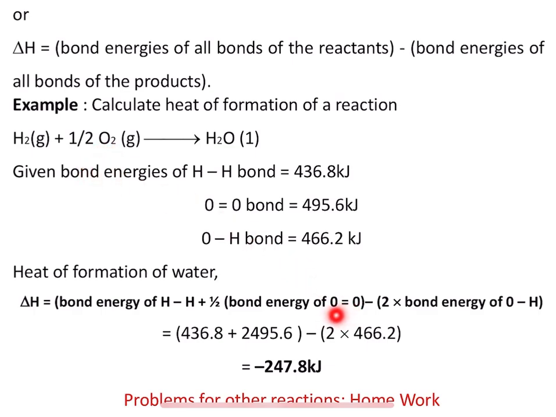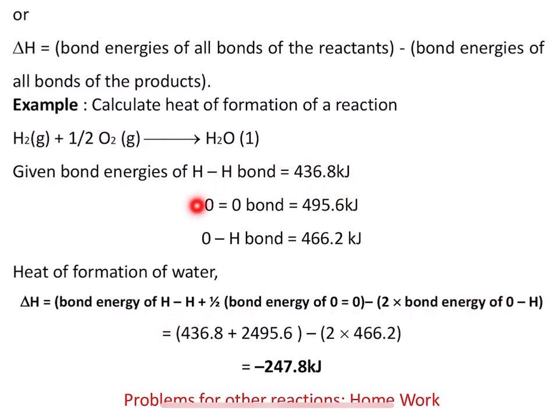That is why I have taken O double bond O. These two are the reactants, minus the bond energies of all the bonds of the products. Here the product is H2O, so I have hydrogen and oxygen bonding. Since two hydrogens are there, two hydrogen oxygen bonds will be present, so that is why 2 into the bond energy of oxygen and hydrogen.